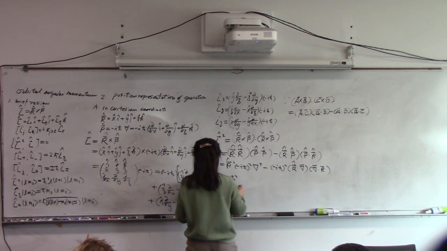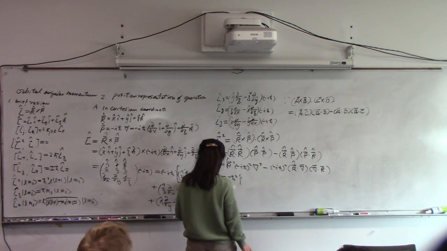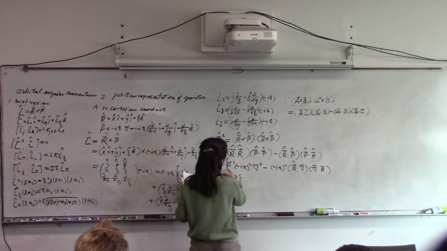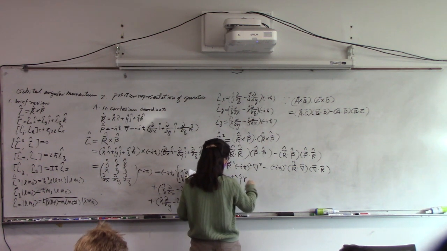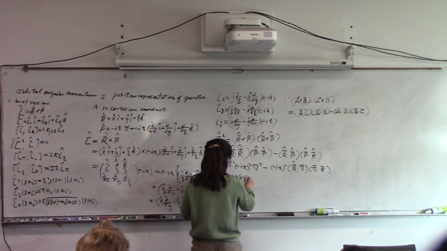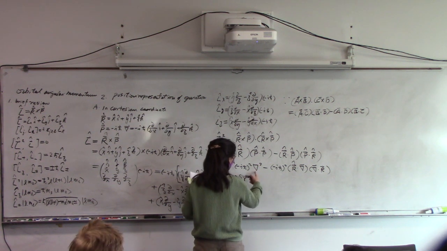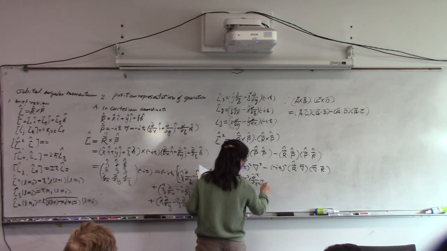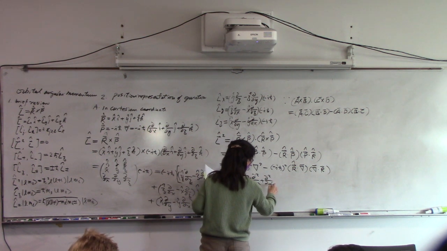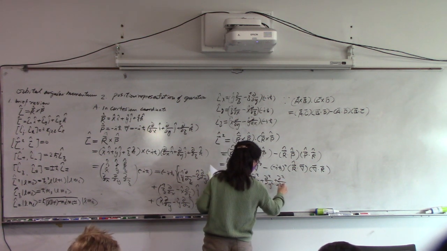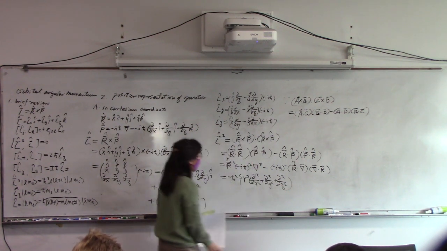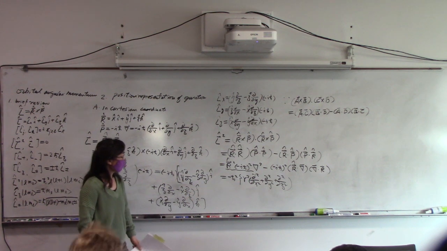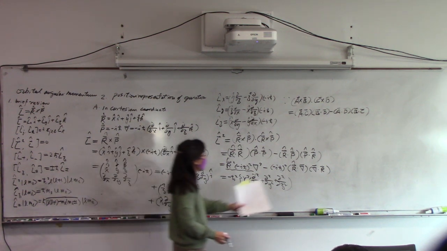Now since in the position representation this operator r is just itself, I use lowercase r squared. And this one we know is the Laplacian: partial squared partial x squared, plus partial squared partial y squared, plus partial squared partial z squared. So this part we know.